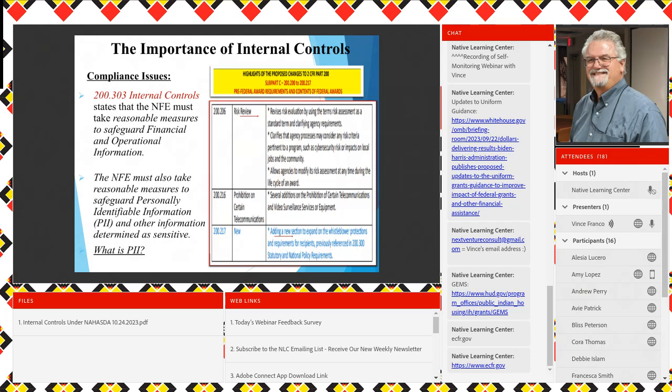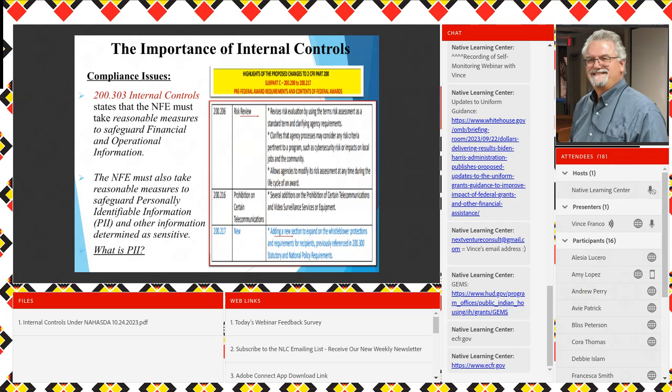It states that the non-federal entity, that's you, as the recipient of federal funds, sometimes called an NFE, must take reasonable measures. Write that phrase down, reasonable measures to safeguard financial and operational, and let's add in compliance information, compliance activities. That's the first thing it says. The second one is on financial activities with the same amount of focus.